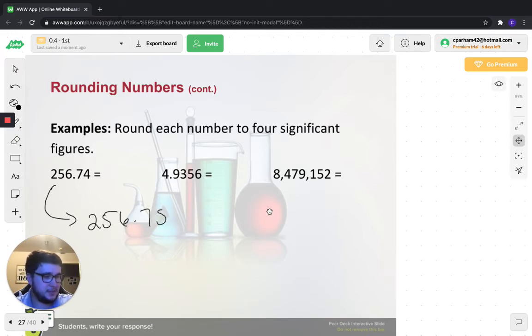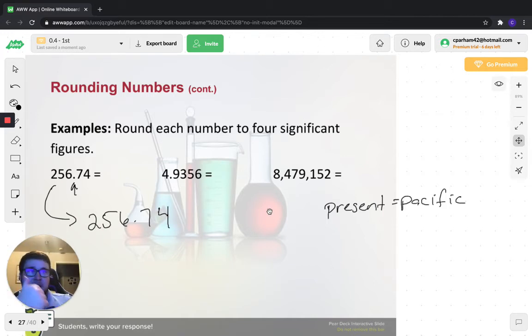That's not a 5, that's a 4. Okay, so if I'm looking at the first number, the first thing I have to ask myself is, do I have a decimal? And the answer to that question is yes. There it is. So my decimal is present. Present means that I come in from the Pacific. So present equals Pacific. And remember, Pacific is coming from the left.